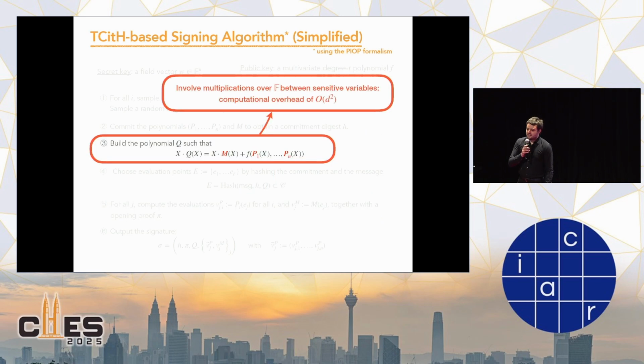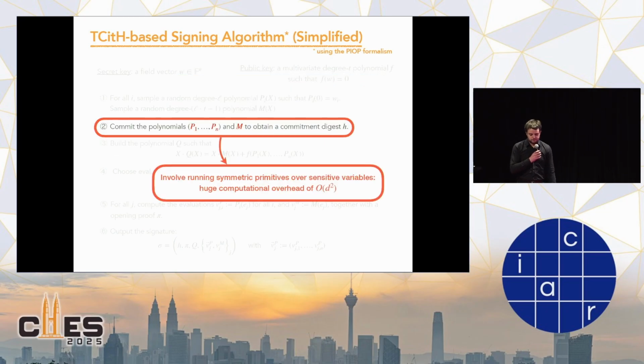The arithmetic phase is a bit more complex to mask because the public key f will not be linear. It will be a non-linear multivariate polynomial. So in this expression there will be a lot of multiplications in the field. So if we apply a straightforward masking, there will be a quadratic cost.